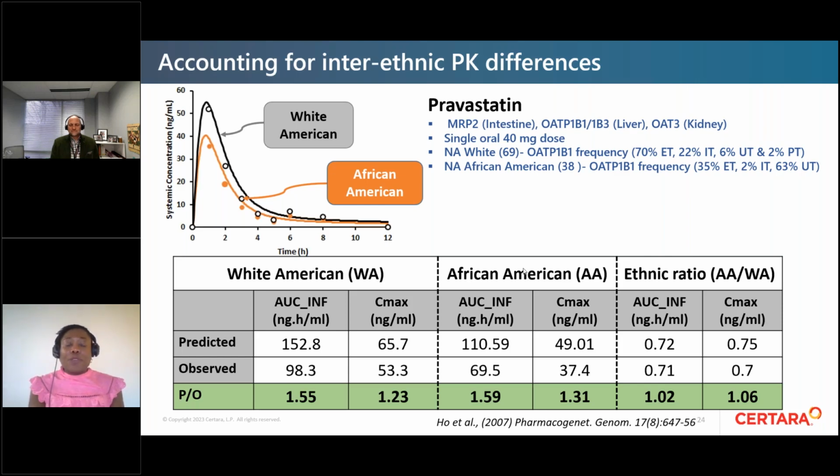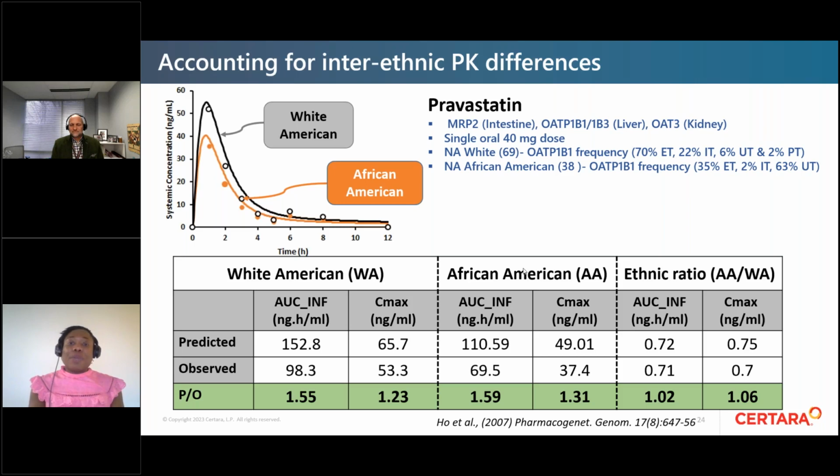If you were not thinking about those differences and were just taking the mean average exposure for the whole population, you wouldn't realize that certain subsets of that population are driving the PK in different directions. The key reason for this change in exposure between the African American and Caucasian white American population is the frequency of OATP1B1.